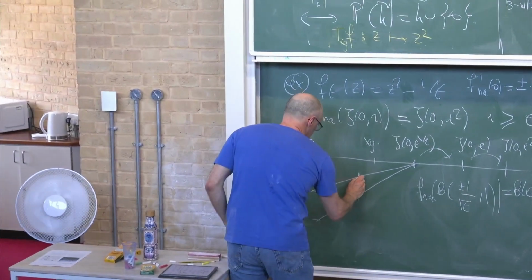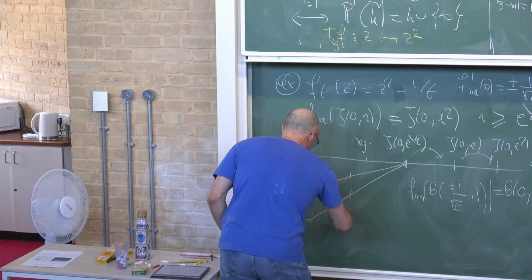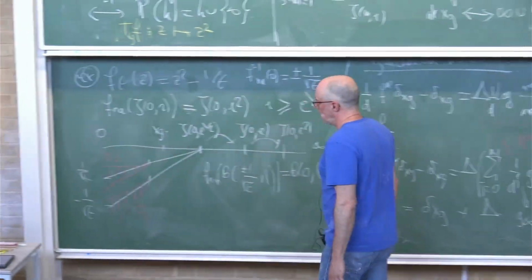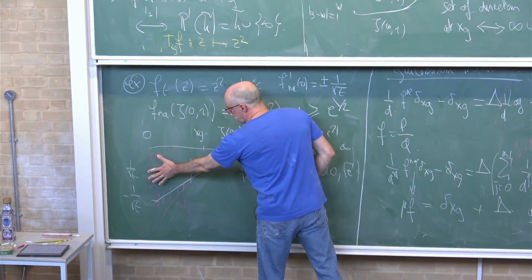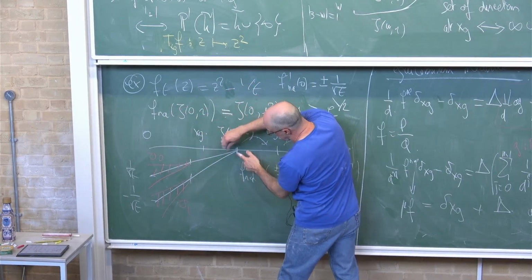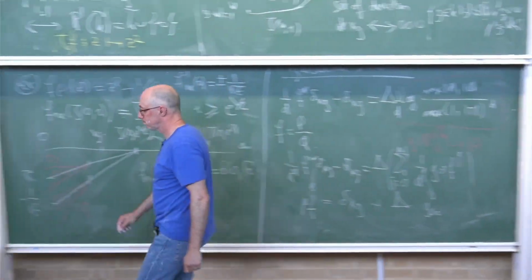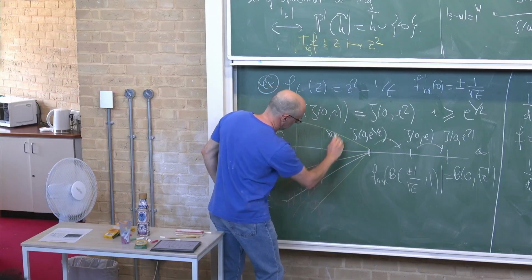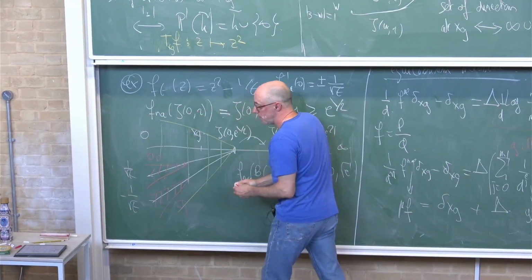So you have 2 balls here, let's say U0 and U1. All the points that are inside this set are mapped exactly to the ball here, and this ball here is mapped also to the yellow ball.